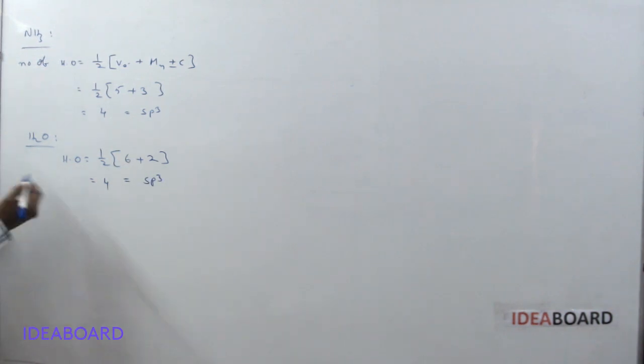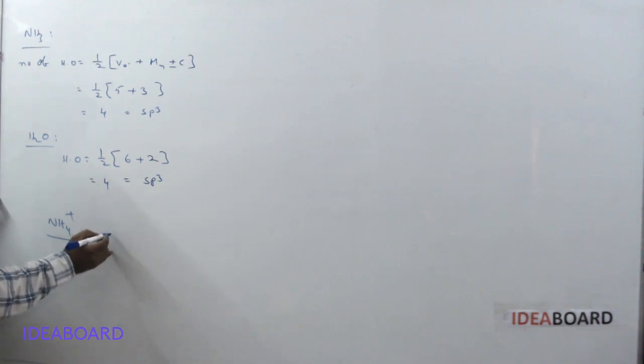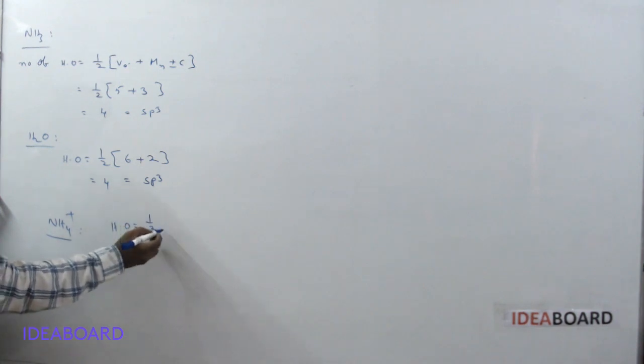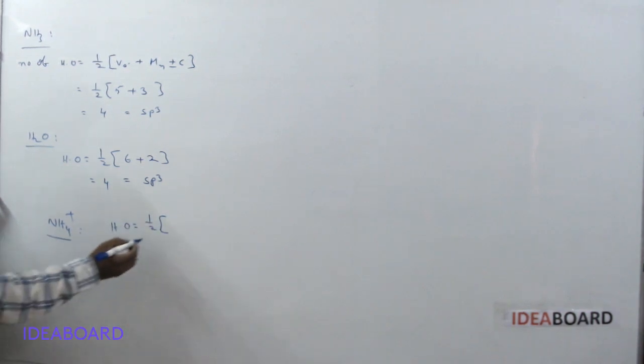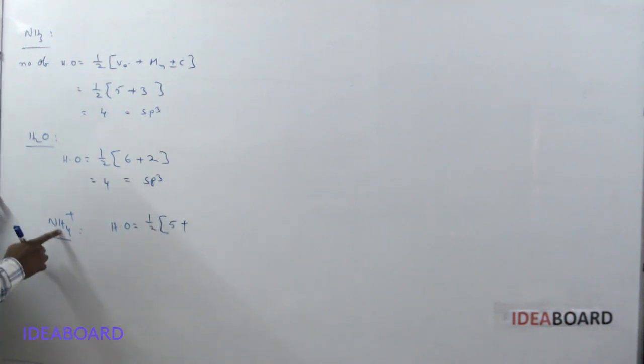And suppose you are taking ions. Ions means, for example, NH4 plus is taken. Here for NH4 plus, number of hybrid orbitals is equal to half into valence electrons of nitrogen. Valence is 5, plus number of monovalent atoms present is 4, and next a positive charge is present.